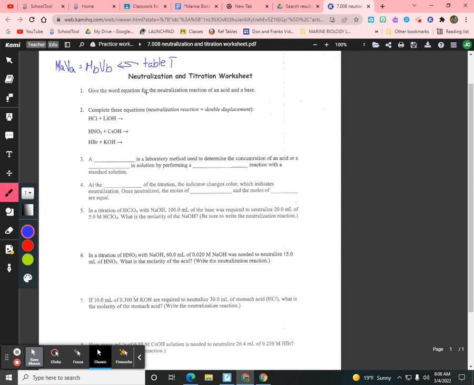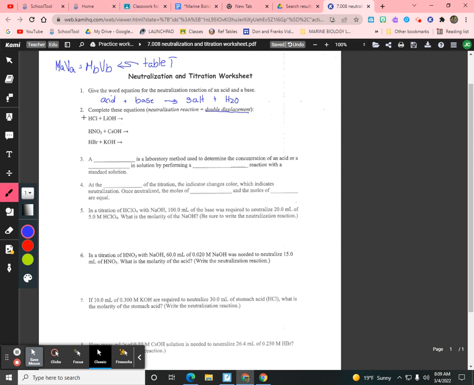Given the word equation for a neutralization reaction, an acid plus a base yields salt and water. That's true for every neutralization reaction. These are types of double replacement reactions.